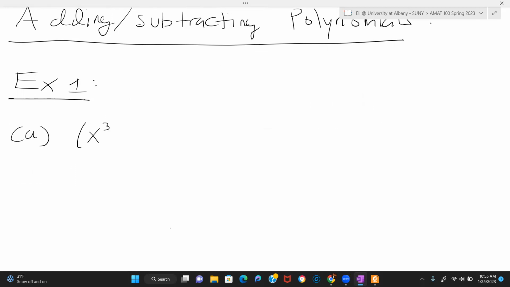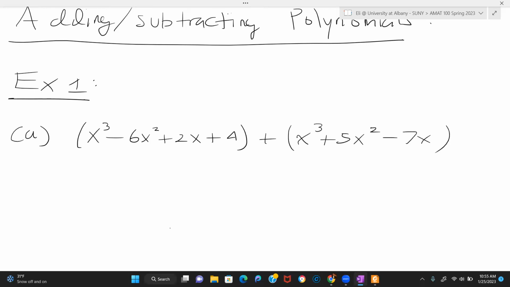So we've got x cubed minus 6x squared plus 2x plus 4. We have this one polynomial, and we'll just bracket it off. And then we want to add another polynomial, x cubed plus 5x squared minus 7x.